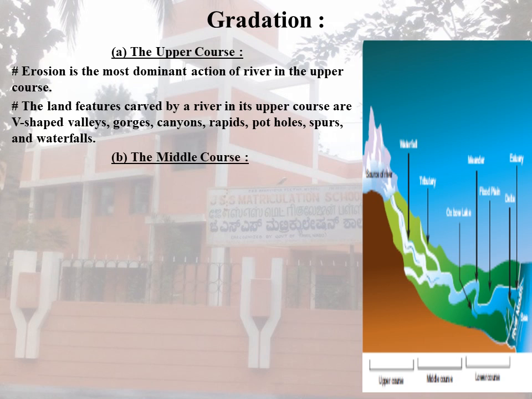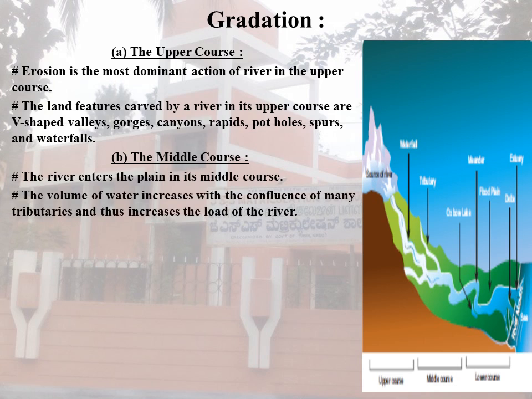The second one is the middle course of running water. The river enters the plain in its middle course. The volume of the water increases with the confluence of many tributaries and thus increases the load of the river.